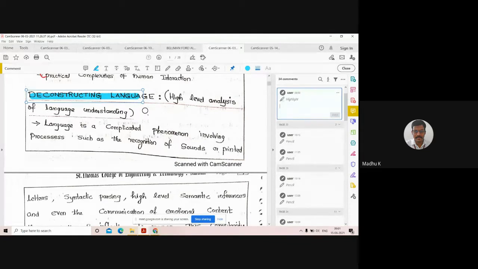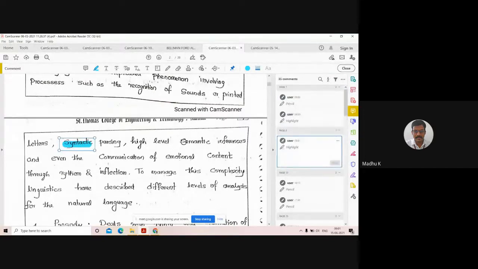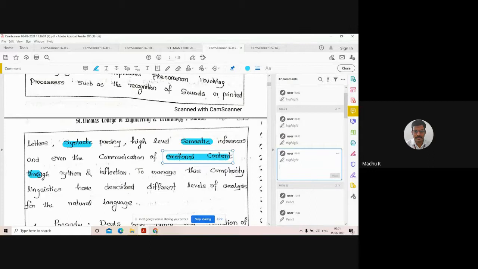Language is a complicated phenomenon involving processes such as recognition of sounds or printed letters, syntactic parsing, high-level semantic inference, then communication of emotional content through rhythm and inflection.